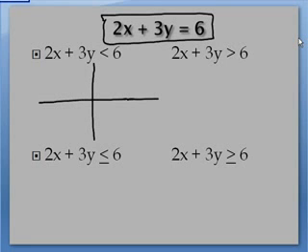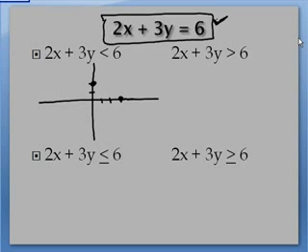In our mind, we substitute an equal sign for the less than sign. That one we graphed earlier, and we said it had an x-intercept of 3 and a y-intercept of 2. Well, that line that goes through there is our boundary.